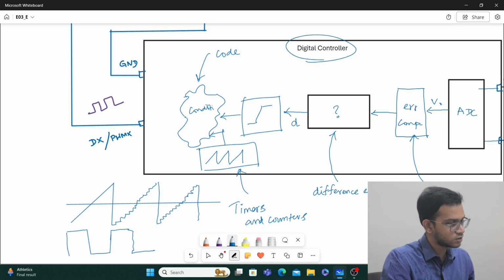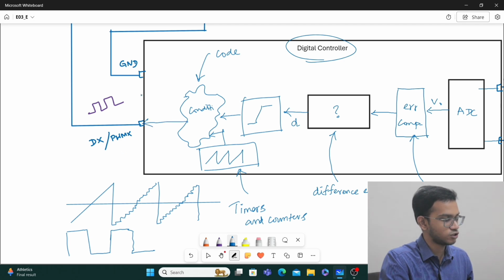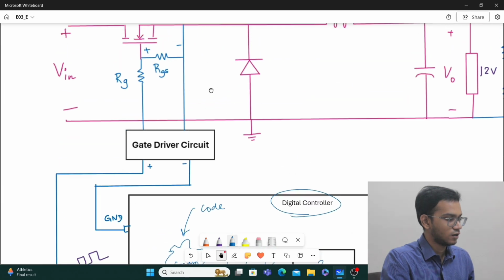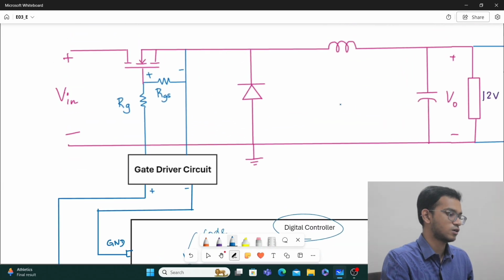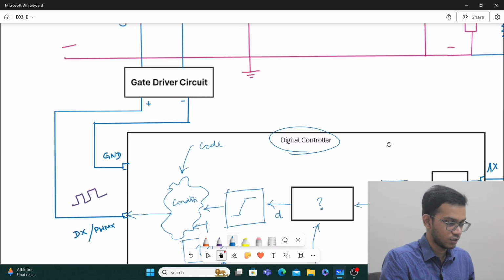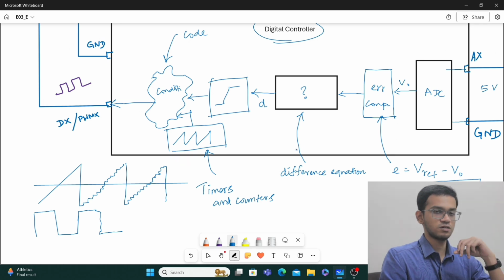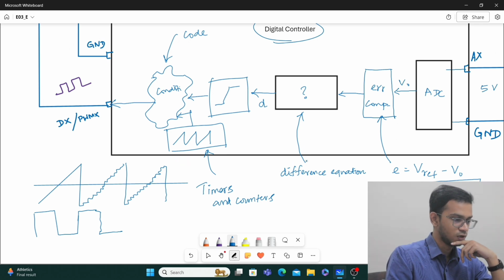Then we give this to the output. We give this PWM to this pin, according to which it will drive the gate and control the circuit. So this is how a digital control essentially works, and these are all the components which will be present inside a digital controller.